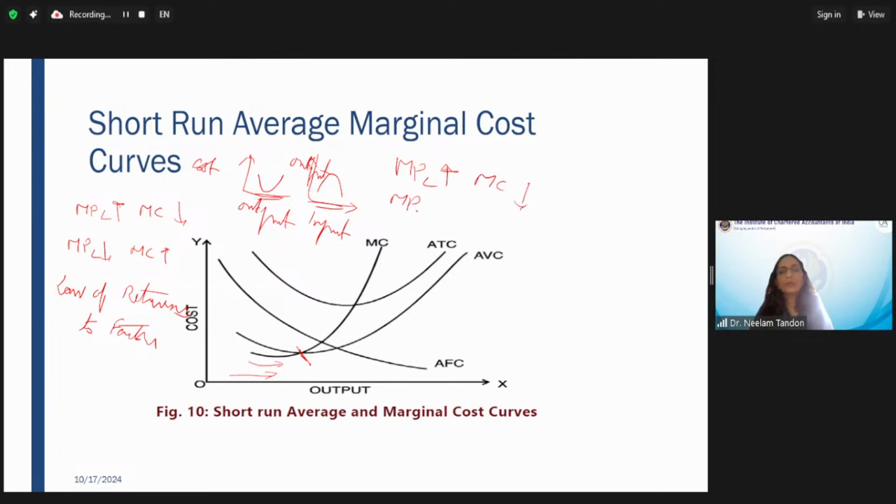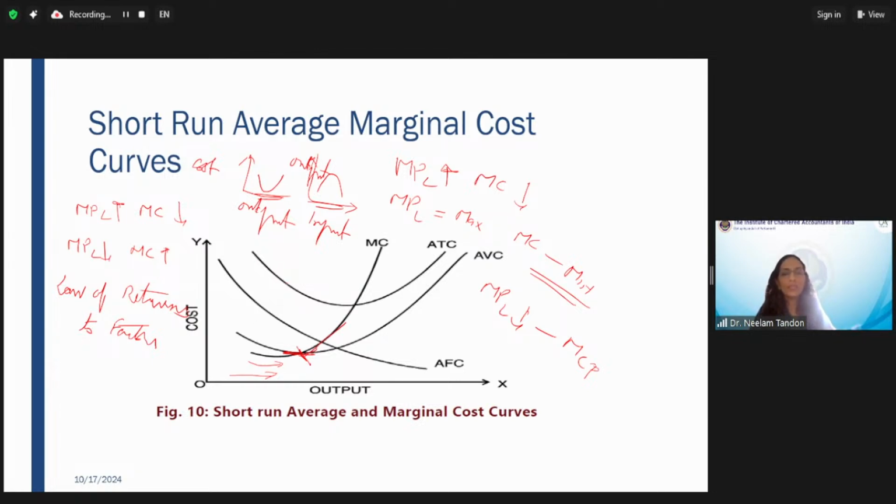When the marginal product of labor is maximum, marginal cost will be minimum at this point. When the marginal product of labor starts decreasing, marginal cost starts increasing beyond this. So this is about the marginal cost curve. This is based on the law of variable proportion or returns to factor.